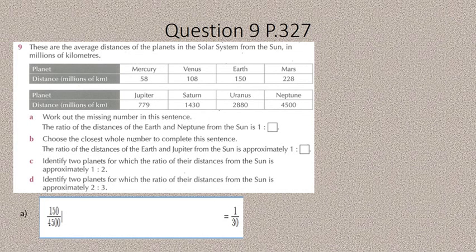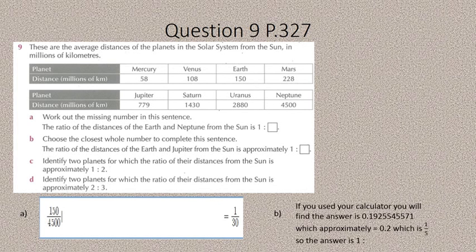Question number B here, choose the closest number to complete this sentence. The ratio of the distance of the Earth and Jupiter from the Sun is approximately 1 to something. So if you write it down in the calculator, Earth and Jupiter, it's 150 over 779, you will find the answer as follows: 0.19255455571, which approximately equals 0.2.